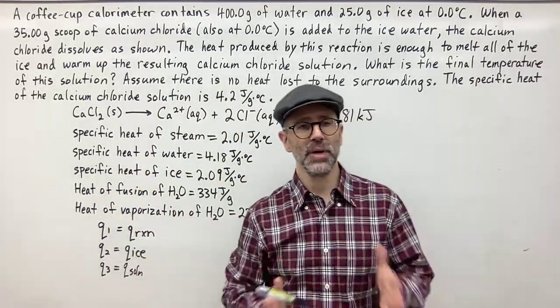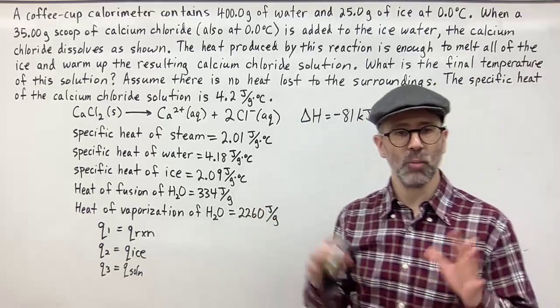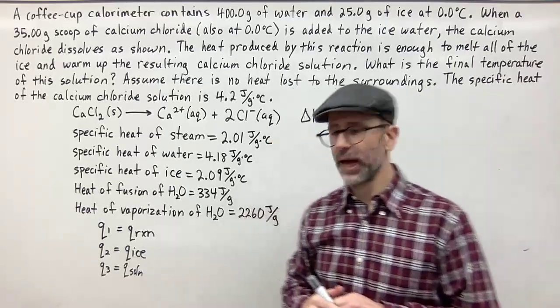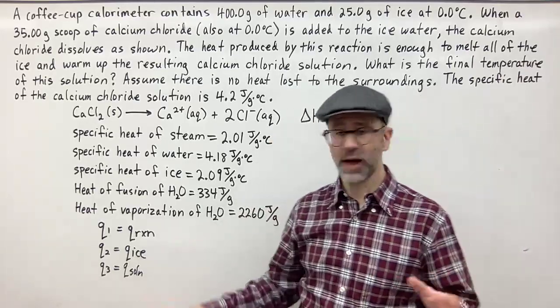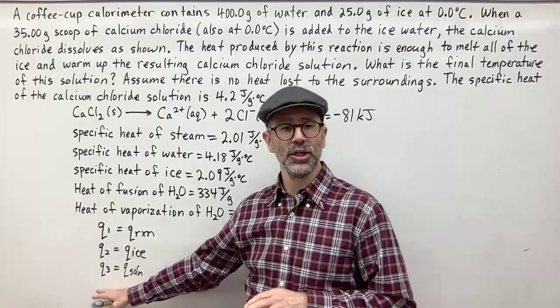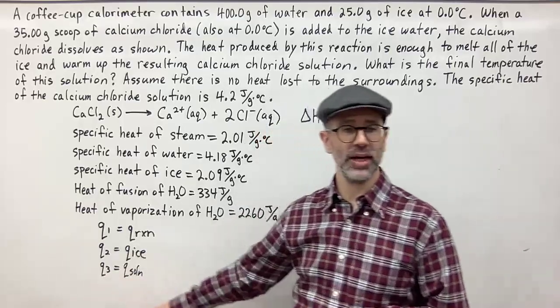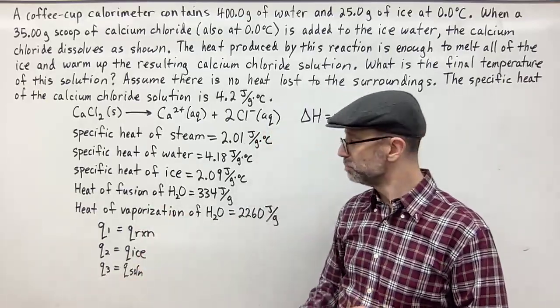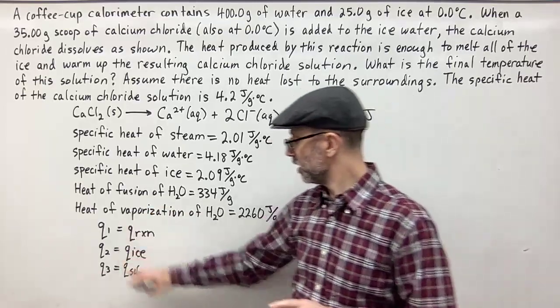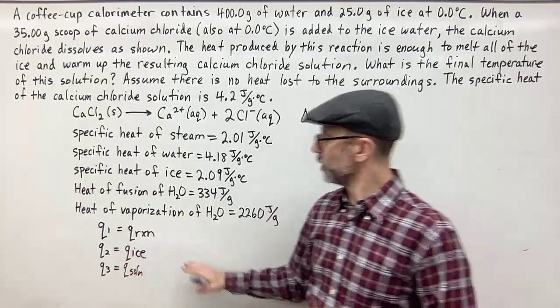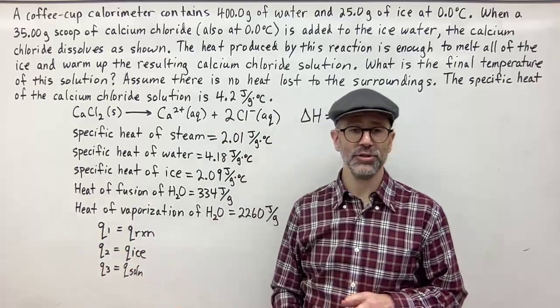And that's pretty much all we have. There are no more Q values. Okay? If there were other Q values, we would label them Q4, Q5, and all that, and then we would describe them similarly. So here we have 3 Q values.